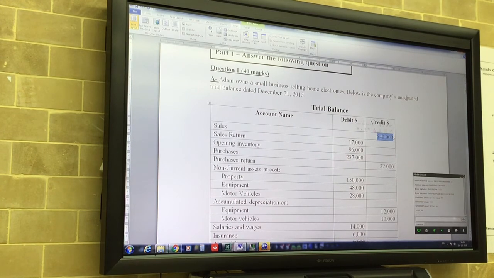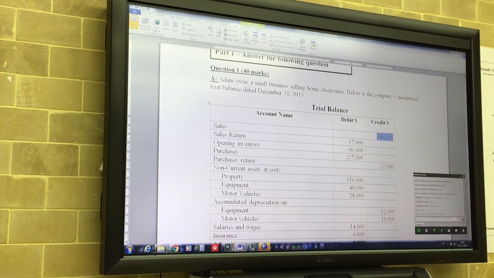Because if there is a return, allowance or discount, you need to find the net sales. Net sales means sales minus the sales discount, allowance sales, and return sales.